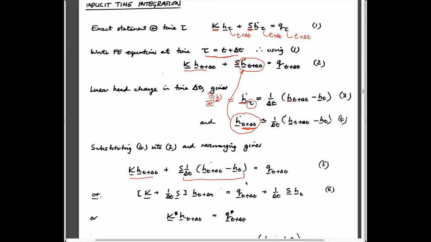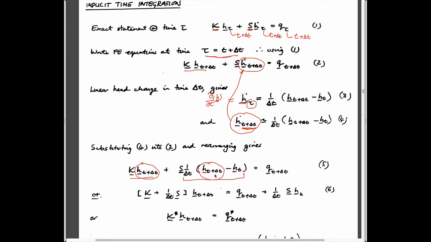If we want to solve this equation, we want to know what the behavior is at this future time level as a function of the earlier time level. So let's gather all the terms that involve h at t plus delta t, the head at the future time, together.